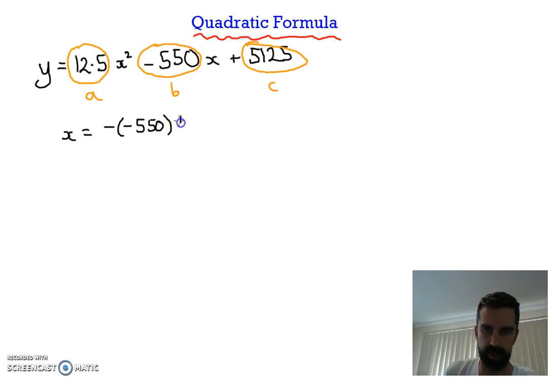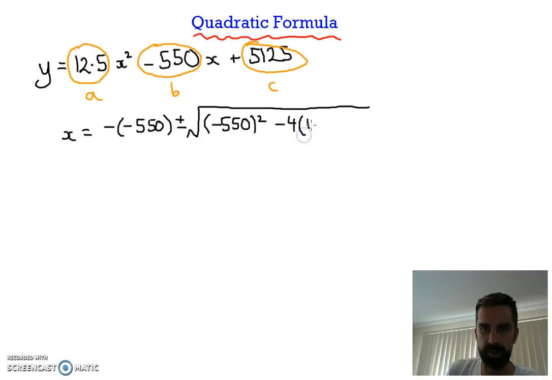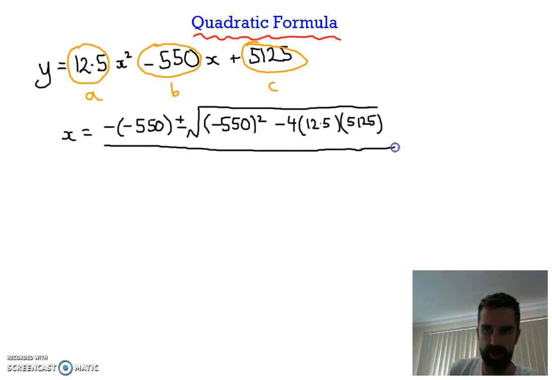It's really important, like I was just saying. Plus or minus the square root of negative 550 squared, take 4 times a, which is 12.5, times c, which is 5,125. So I'm using all of those brackets, and then I'm going to divide by 2a, and a is 12.5.